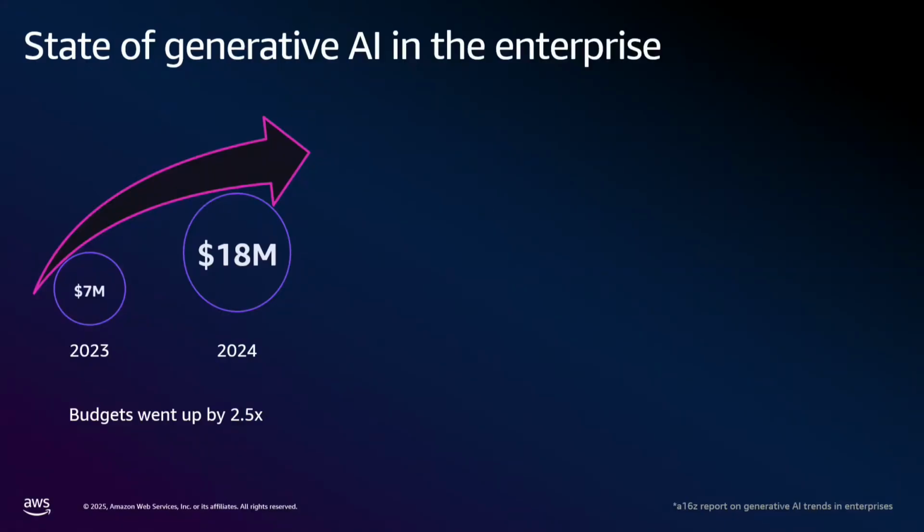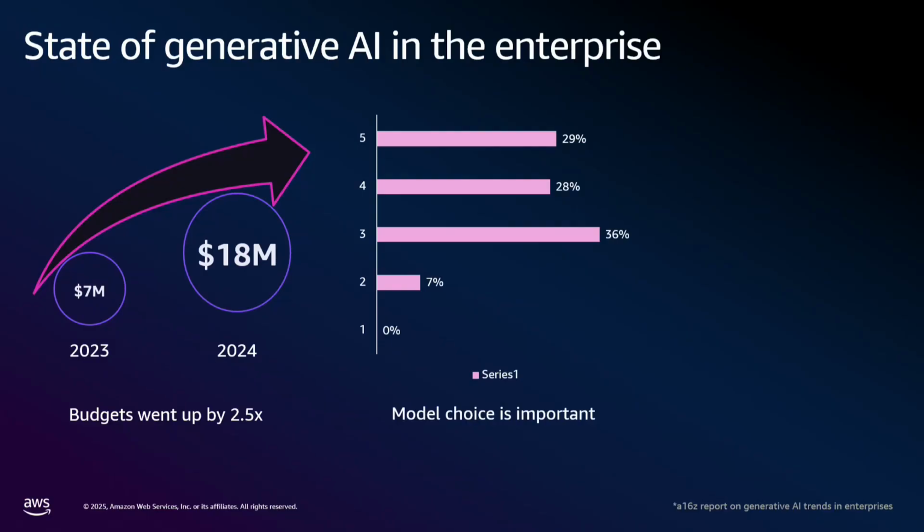We're talking from $7 million to $18 million investment in generative AI. We're also talking about how the customers are choosing multiple models and how they're choosing multimodal models to achieve what they want in their businesses through generative AI.